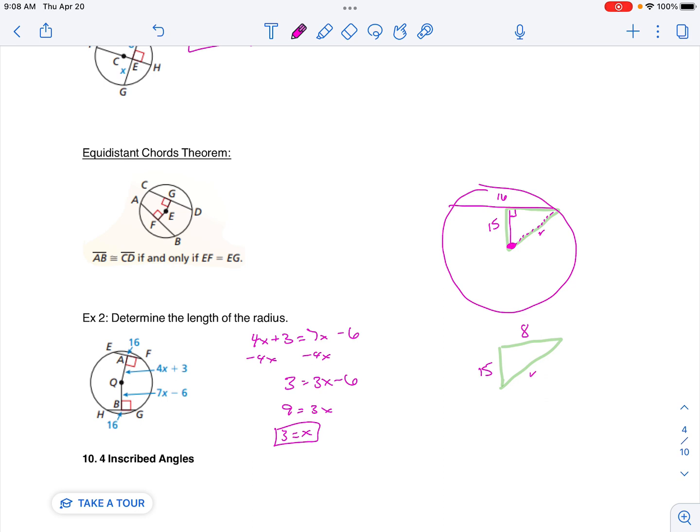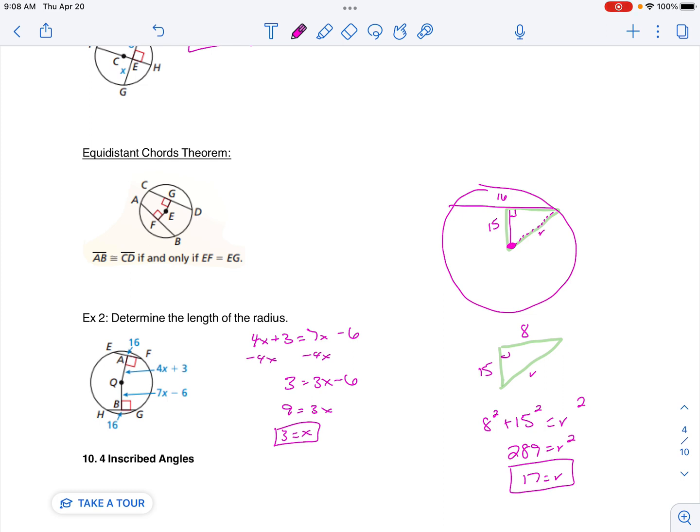So Pythagorean theorem, we have 8 squared plus 15 squared equals our radius squared. This ends up being 17, I know it's a Pythagorean triple, sorry. But Pythagorean theorem go through. So looking at that, our radius is 17.